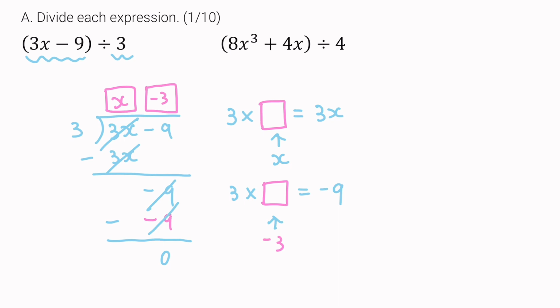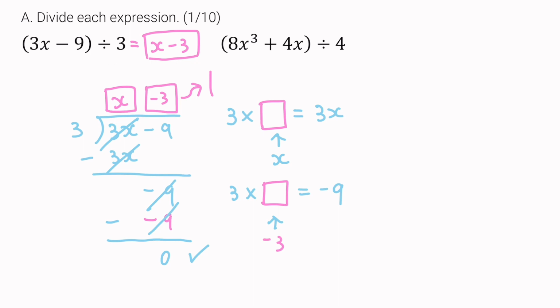So since there is no remainder, my answer will be just these two numbers combined together. So x minus 3 will be our final answer for this first problem. So I'm going to go ahead and place this right here and confirm that as my final answer.